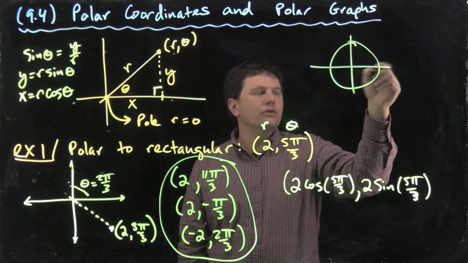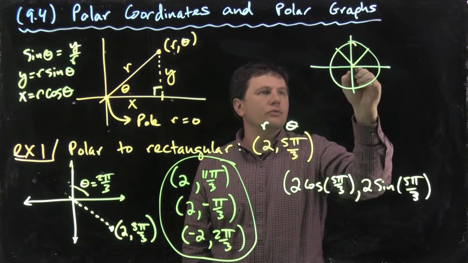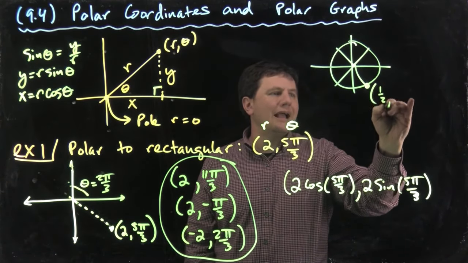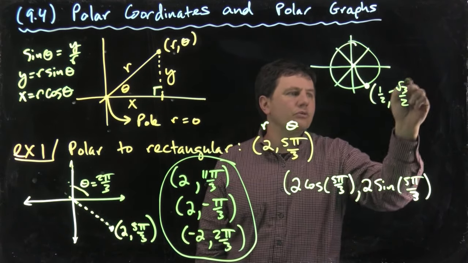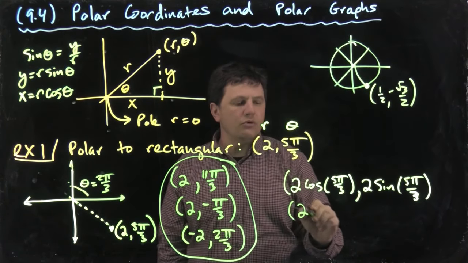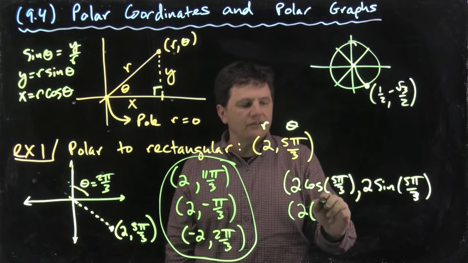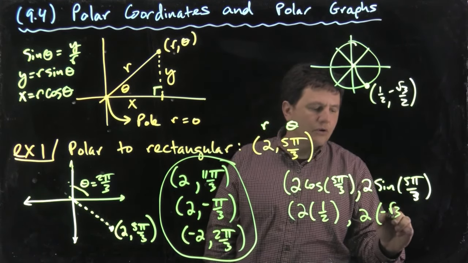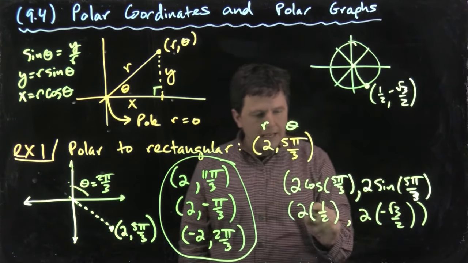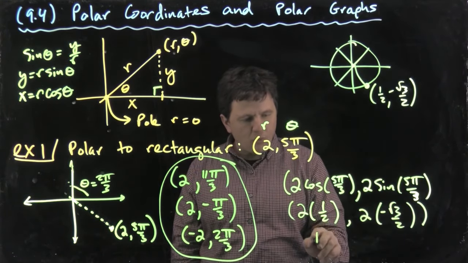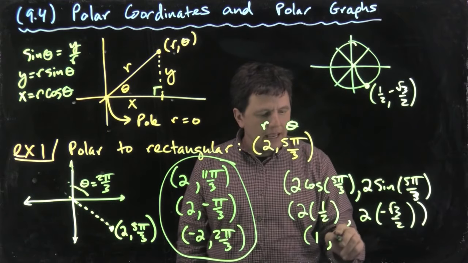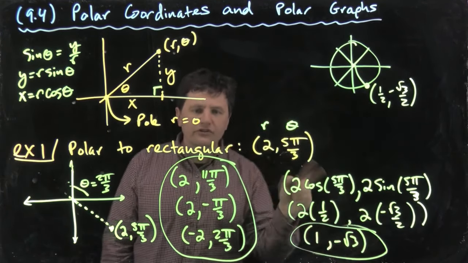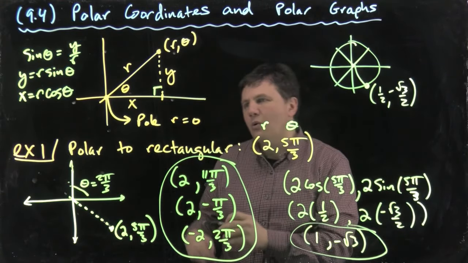Using the unit circle, our point is 1/2, negative radical 3 over 2. So 2 times cosine, cosine is the x, so that'll be 1/2, comma, 2 times negative radical 3 over 2. And what we end up getting is 1, comma, negative radical 3. That gives us our rectangular coordinate, which is unique versus the infinite number of polar ways.